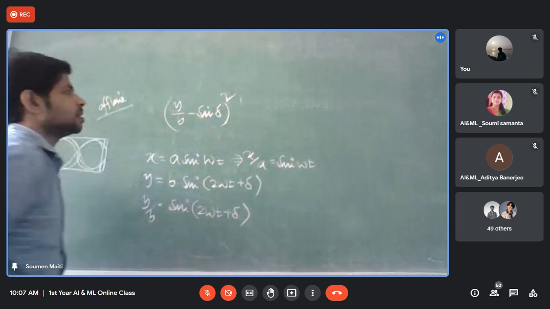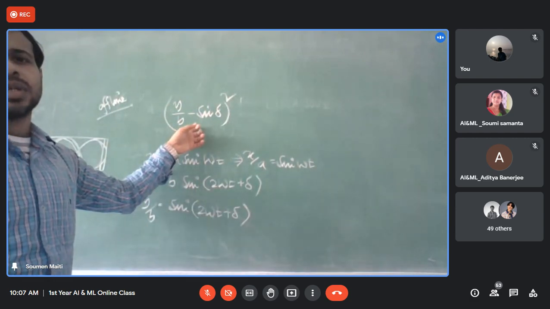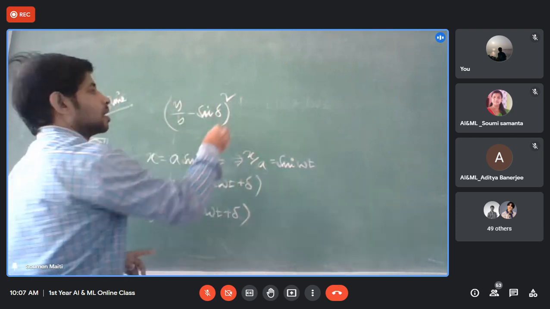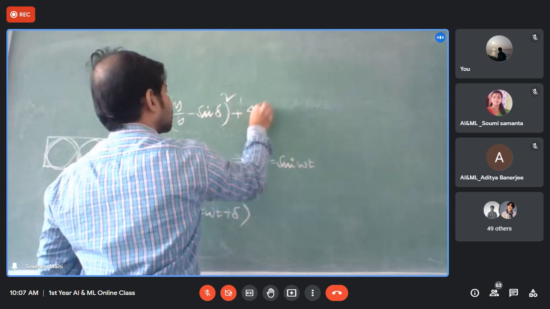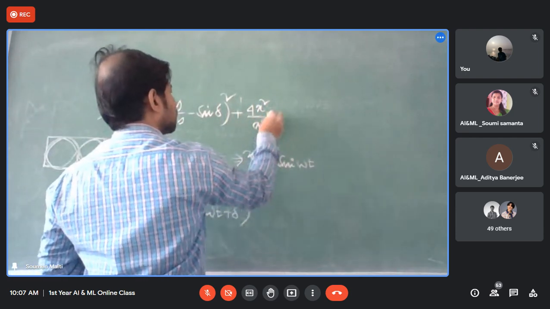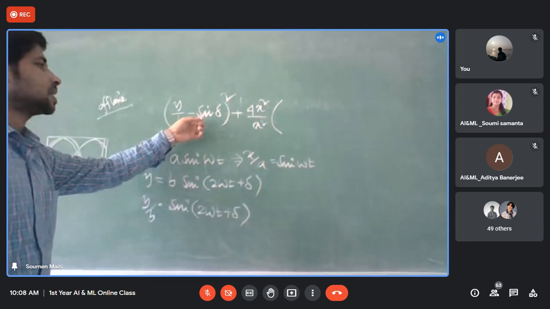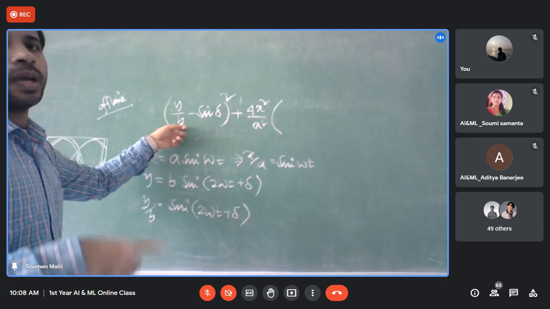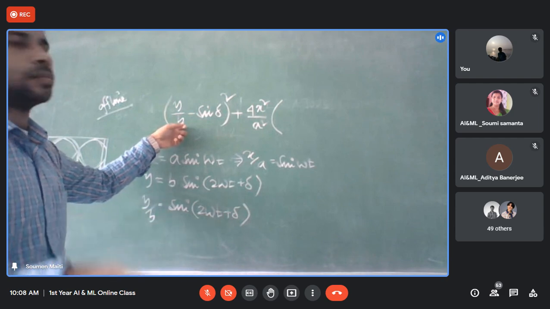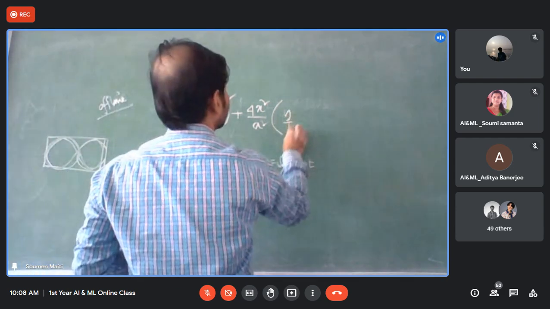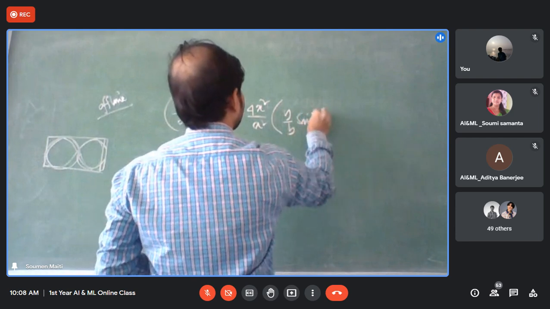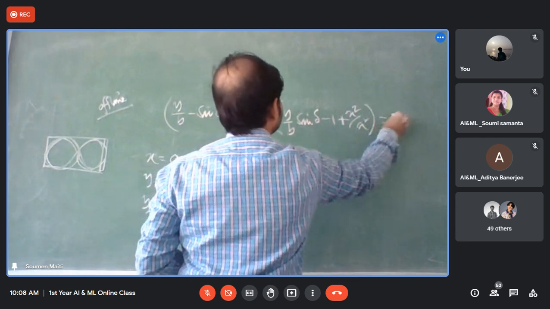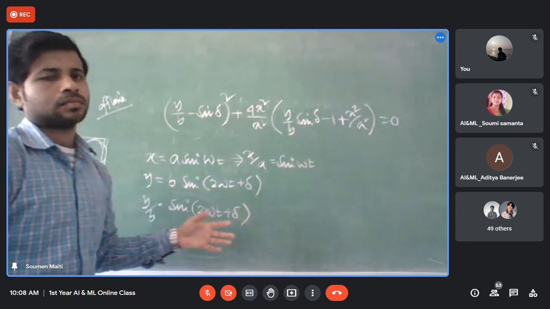You can easily remember y by b into sin delta squared plus, I think, it will come 4x square by a square into sin square. If it is sin delta, then the same term will remain, y by b sin delta, 1 minus something. So y by b sin delta minus 1 plus x square by a square equals 0. I think this kind of equation will come.